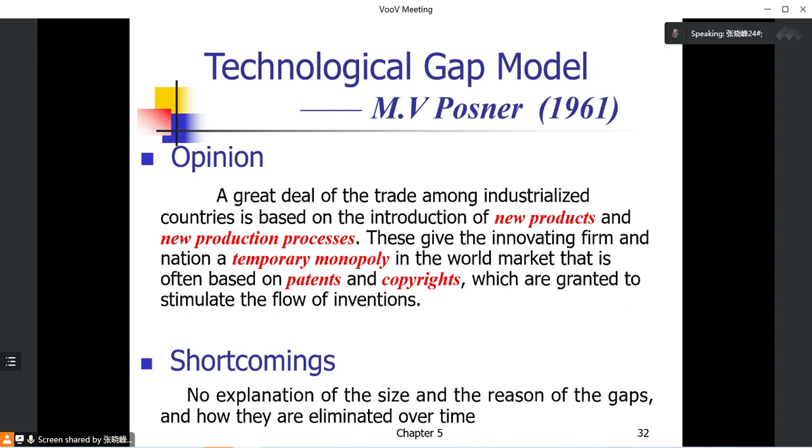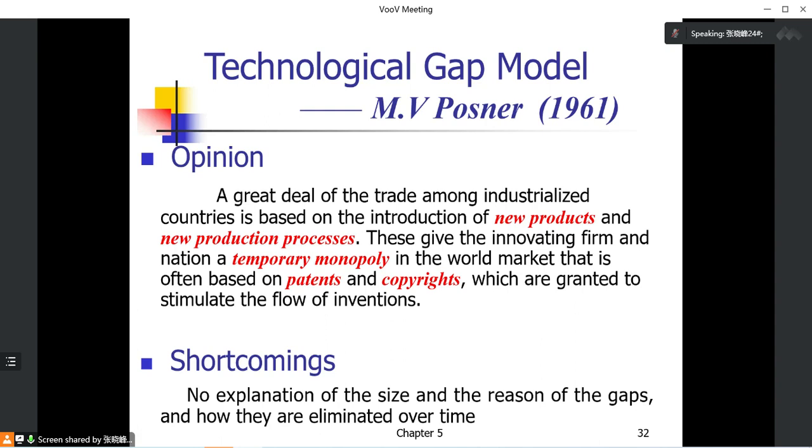This gave the innovating firm or nation a temporary monopoly in the world market, often based on patents and copyrights, which are granted to stimulate the flow of inventions. We can see that especially in the pharmaceutical industry, during the COVID-19 pandemic.